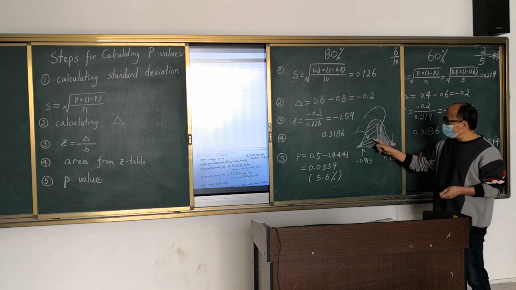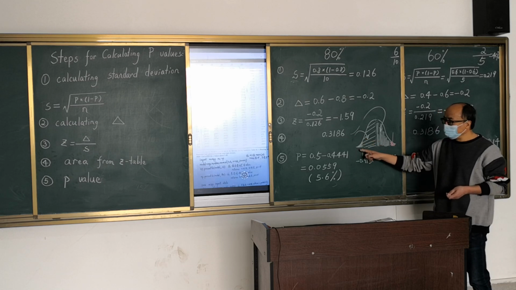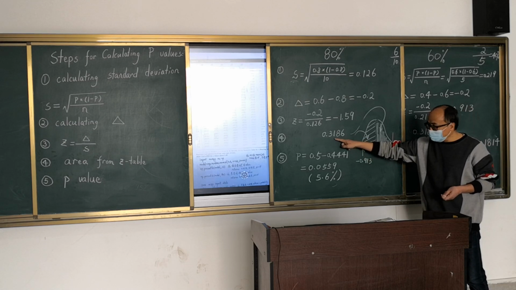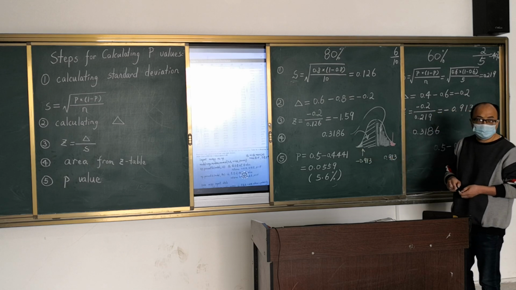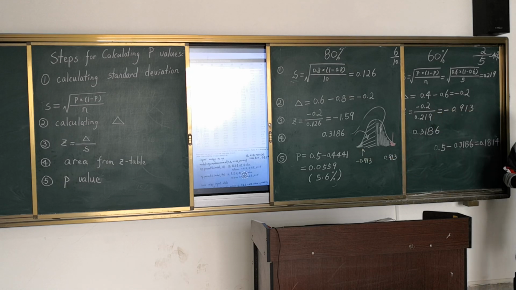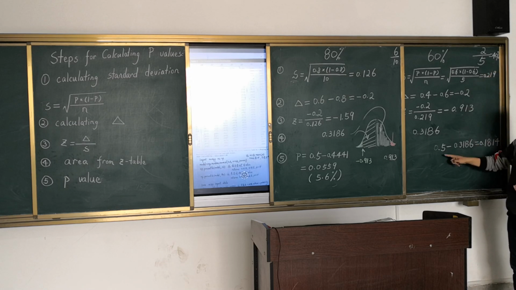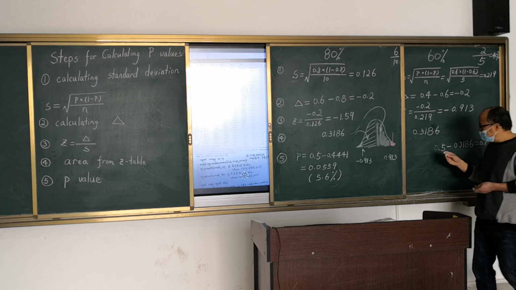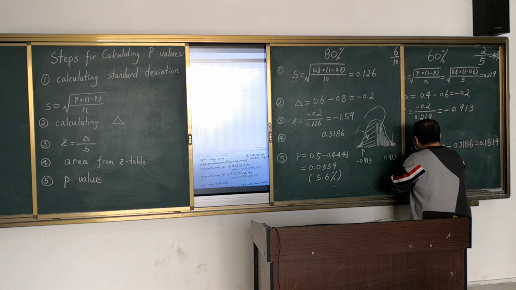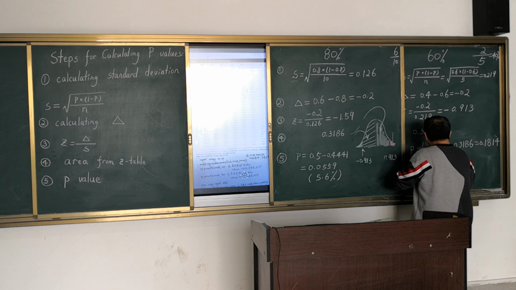This is this much. Then 0.5 minus this is this tail. Okay. If you use 0.4 minus this, you will get a very wrong result. This is the p-value.